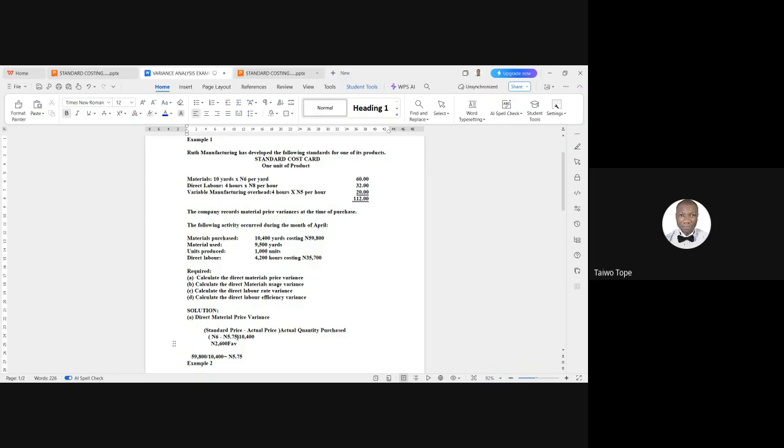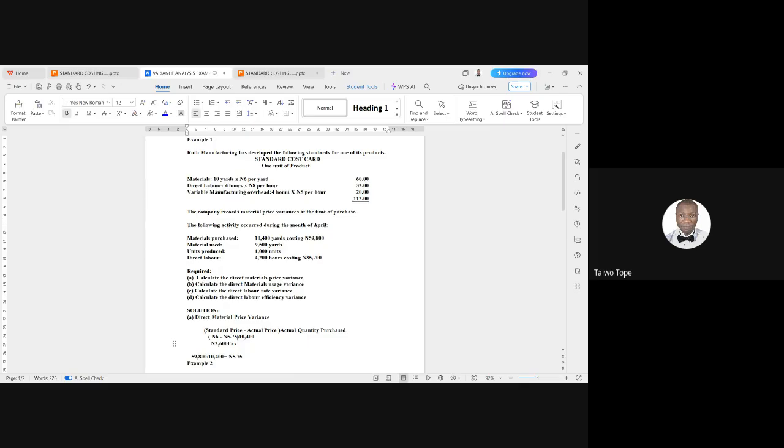In some cases, some organizations might have decided to buy inferior material, but it will tell on them in the long run based on the quality of the output. And there can be issues of changes in market condition.